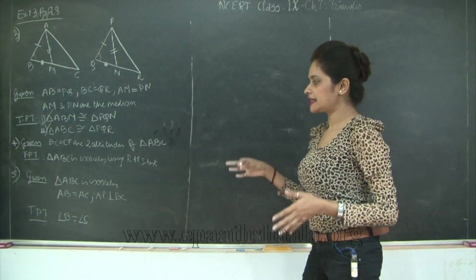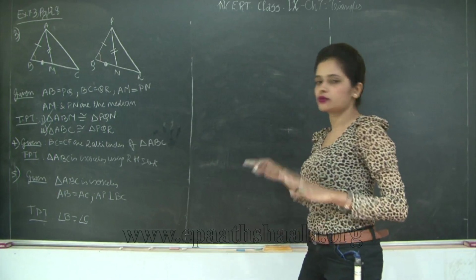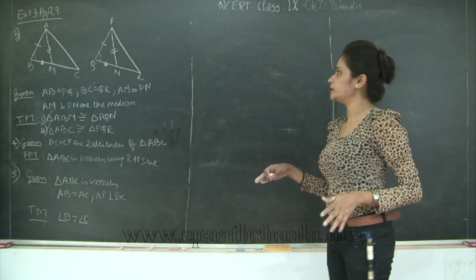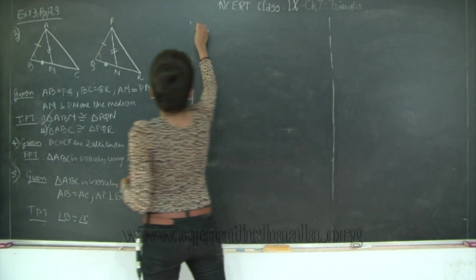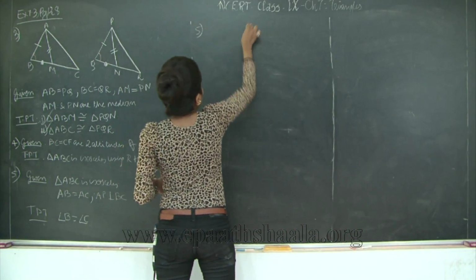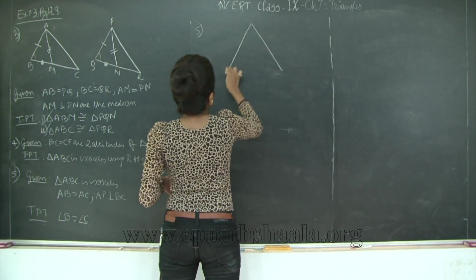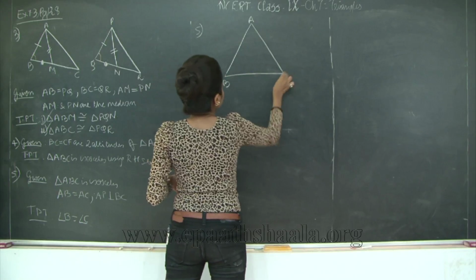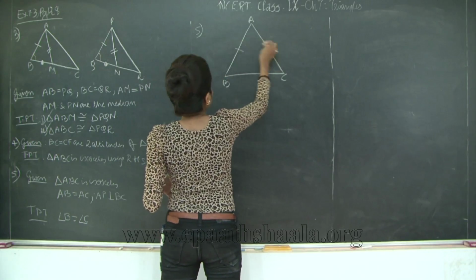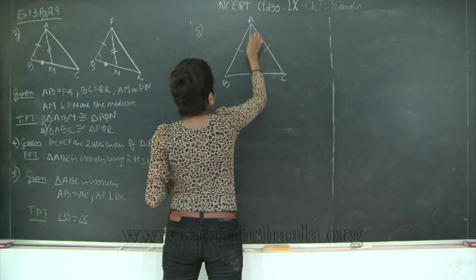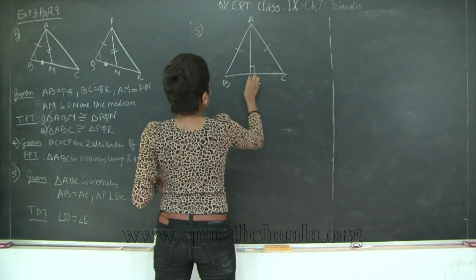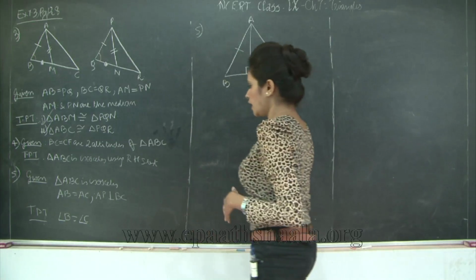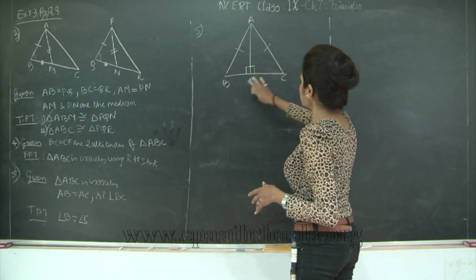We have ABC is an isosceles triangle with AB equal to AC, and P is a point on BC such that AP is perpendicular to BC. So, let us draw the diagram first. ABC, AB is equal to AC, we have AP perpendicular to BC. So, each of these is 90 degrees. You need to prove that angle B is equal to angle C.